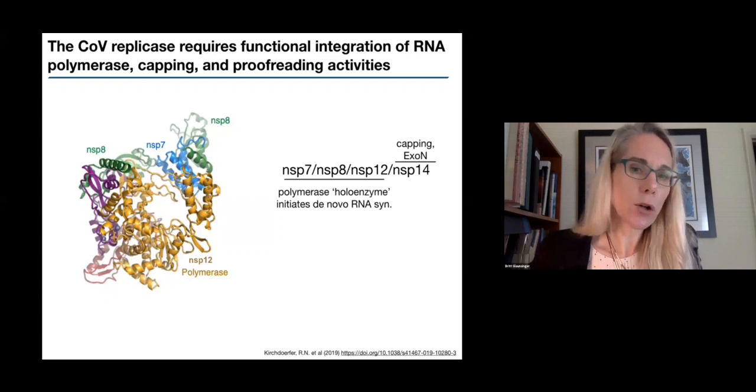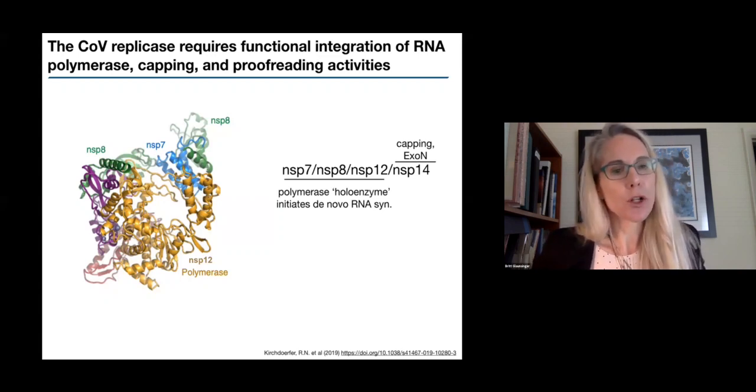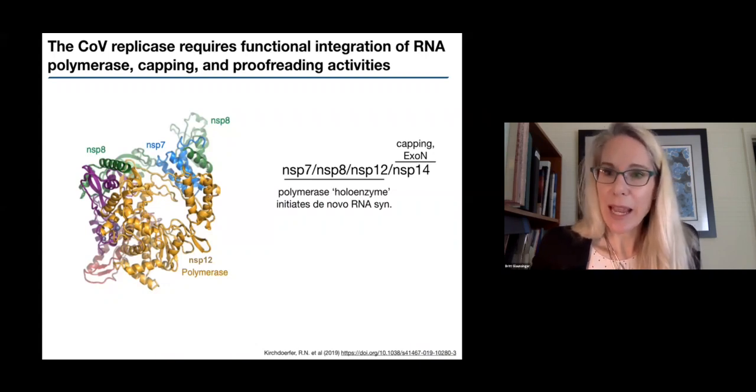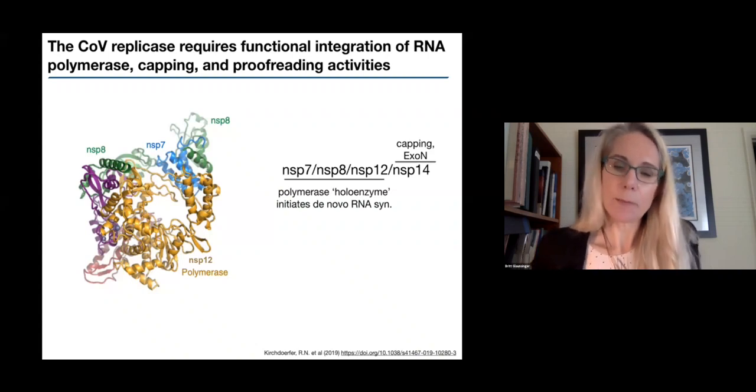So the polymerase holoenzyme, the structure of which is shown here on the left, is made up of 3 proteins, the actual RDRP, NSP12, as well as NSP7 and NSP8, which are thought to help with processivity of the polymerase.